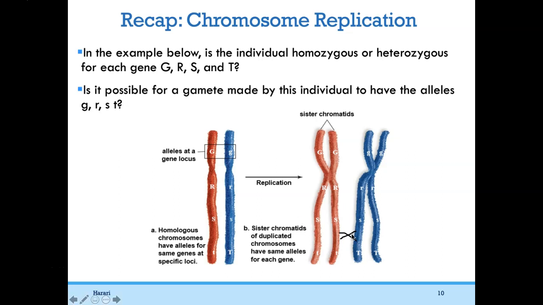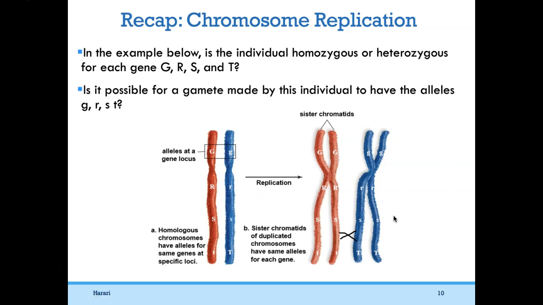Because if crossing over occurs between genes S and T, it's possible to get a chromatid to have little g, little r, little s, and little t. So this chromatid would look all blue, but would have this red bottom tip on it. So it's possible for a gamete made by this individual to have all lowercase letters if crossing over were to occur.